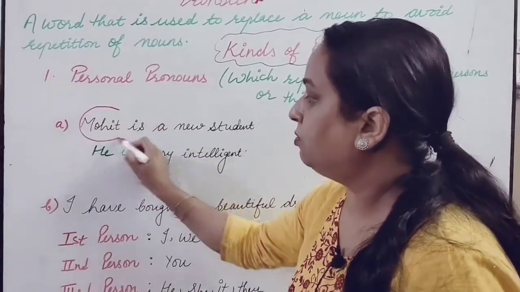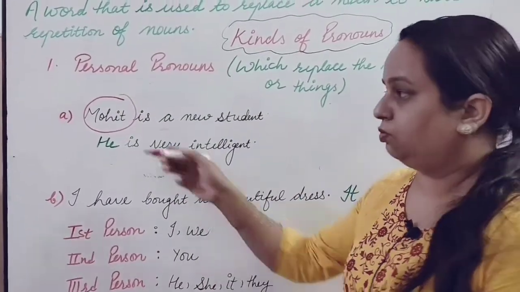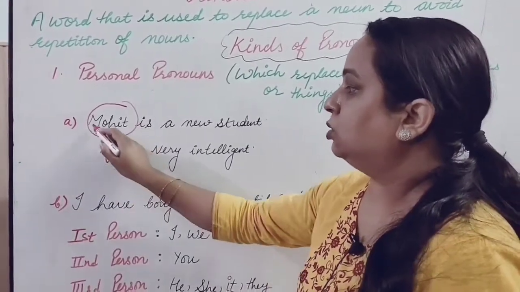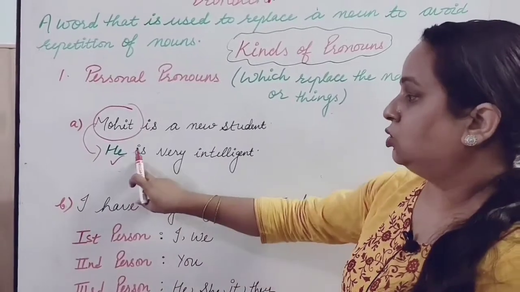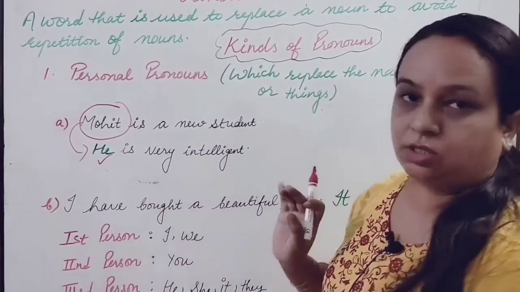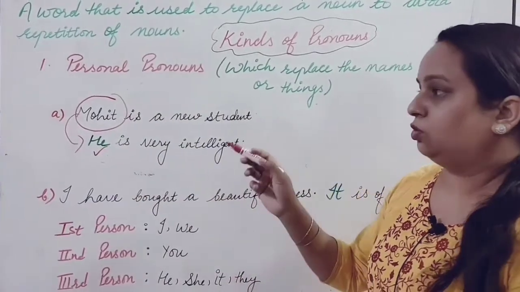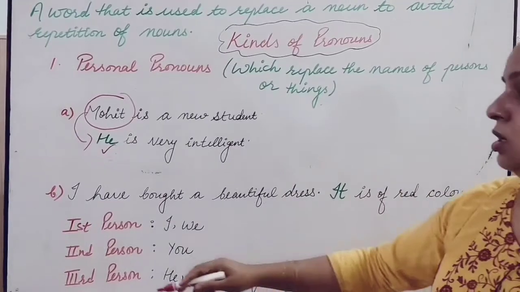So Mohit is the name of a person here, and when I reuse that, I will not use Mohit again. What will I do here? He. So this he will work as a pronoun. He is very intelligent. Clear? So Mohit was a noun and he is a pronoun.